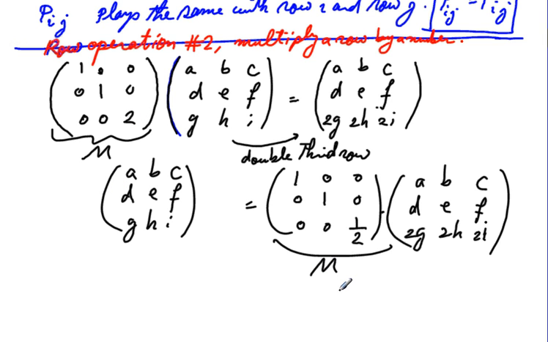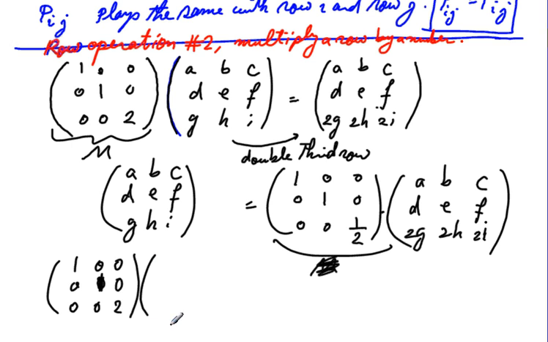This is another matrix multiplication. Well, what's the relationship of these two? 1, 0, what do you think I'm going to get if I multiply them?